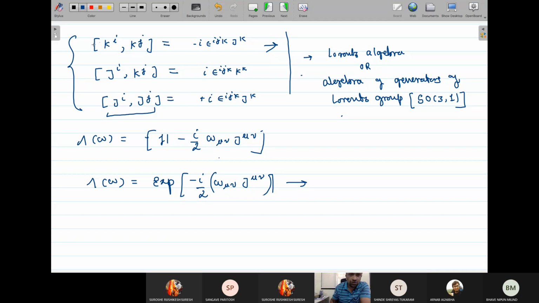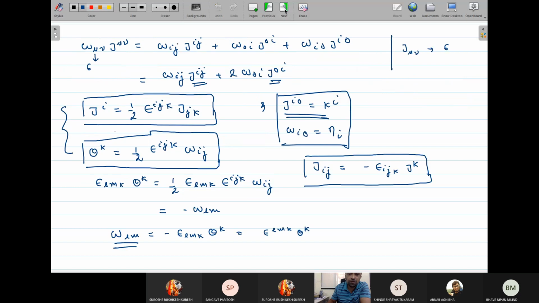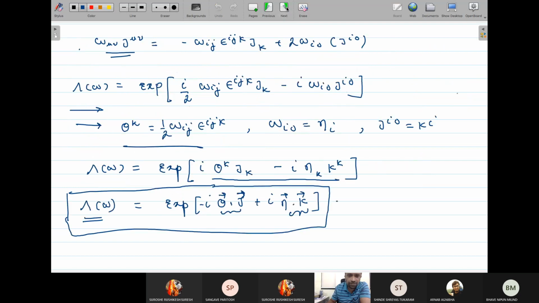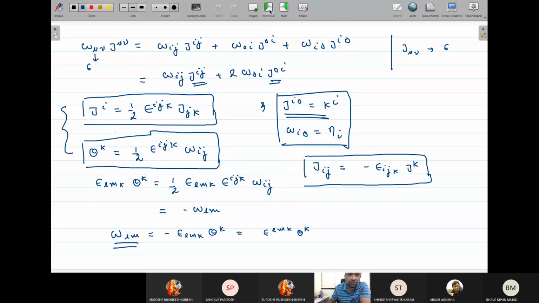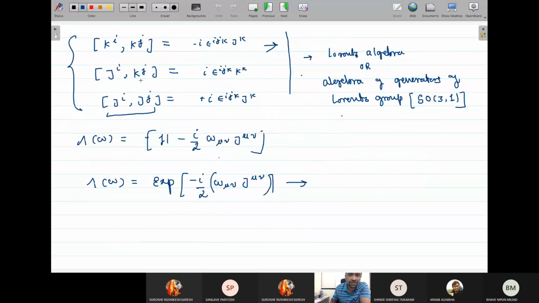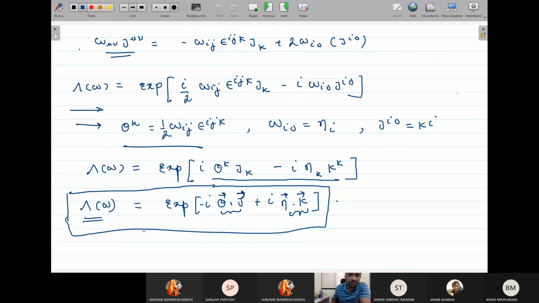Fine. So this is our final result: the commutation relation among the generators of Lorentz transformations. Now we can simplify it even further. In terms of these J's and K's, your Lorentz transformation can be written in this form.